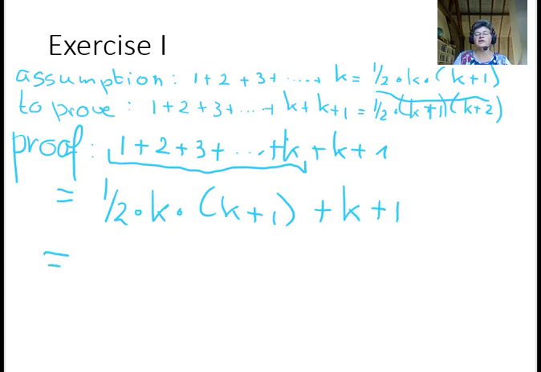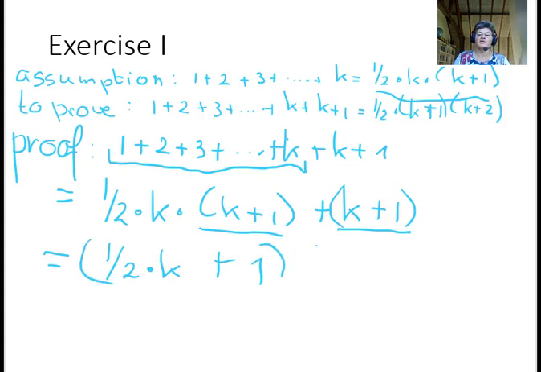Okay, if we look at this, then we see that we have 2 times (k plus 1). So I can put that outside the bracket. So I have a half times k for the first part plus 1, times (k plus 1). Okay, that's nice. If we have a half times k, we can take the half also outside the bracket.